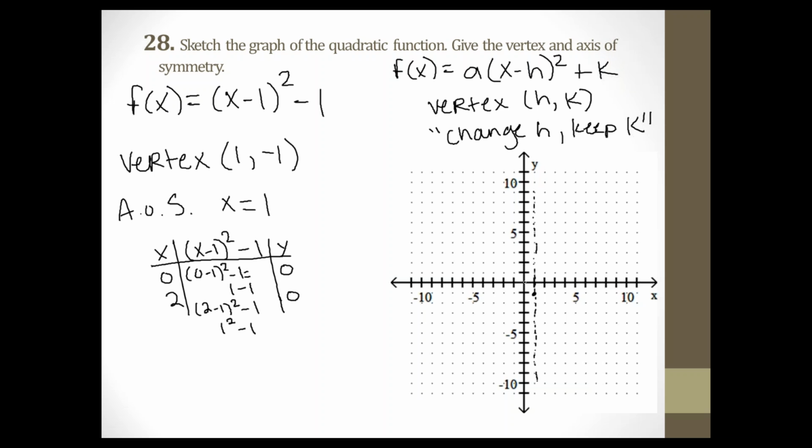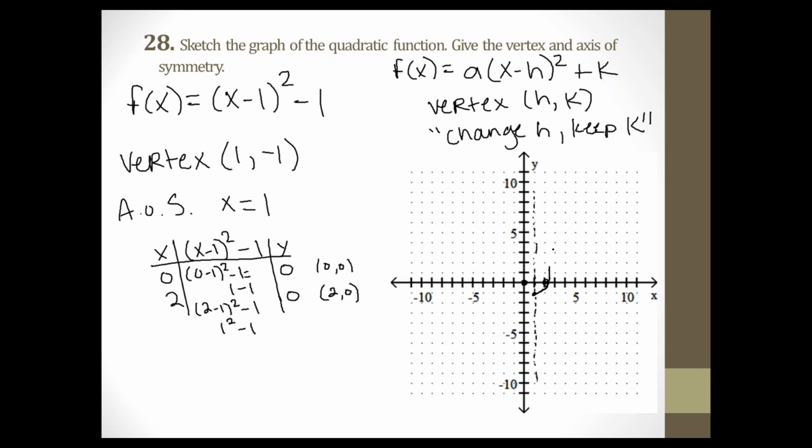So when x is 0, y is 0. That's 1 point there. And when x is 2, y is 0. That's another point here.